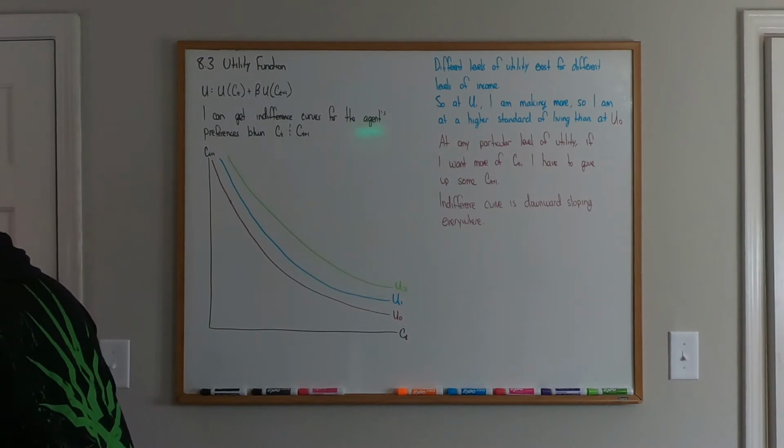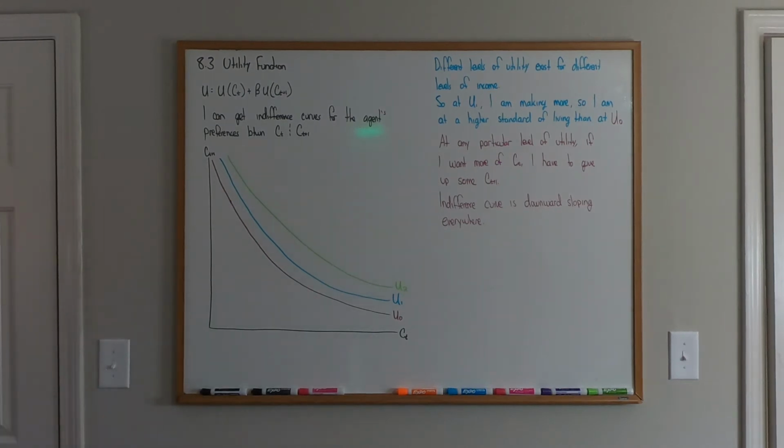The slope of any indifference curve is always going to be negative. There is, in fact, a mathematical proof for it, but I am not going to go through that.